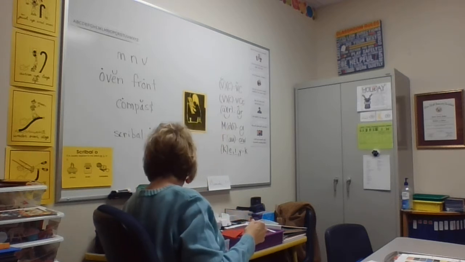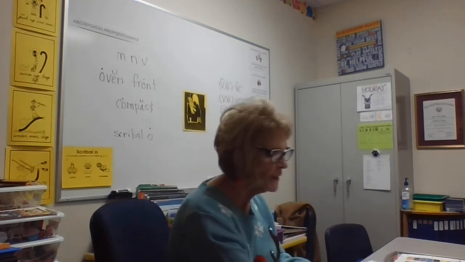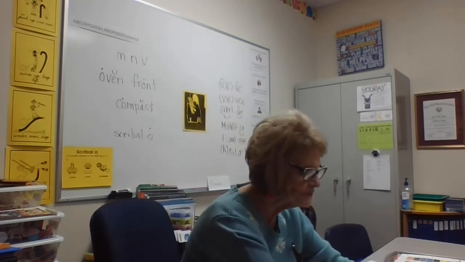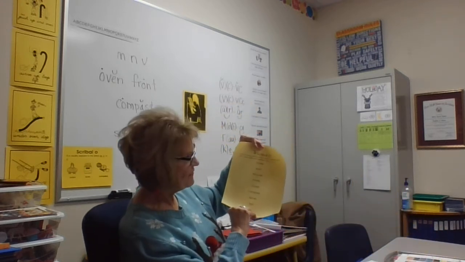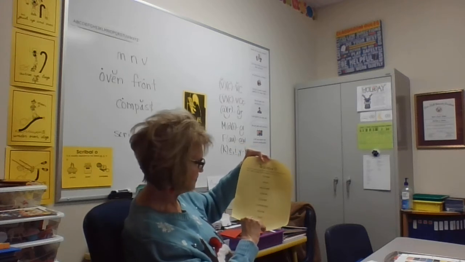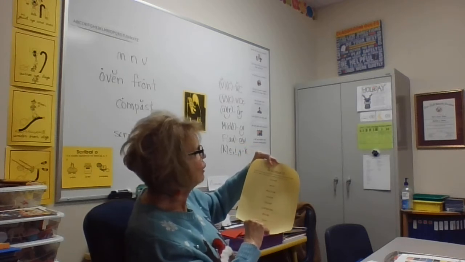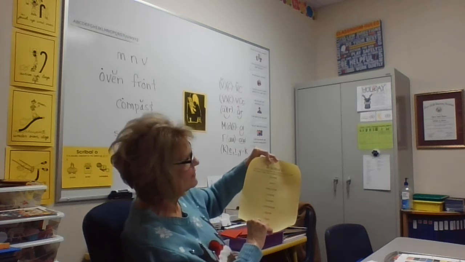Okay. So on this, I made a little scroll for you. So open it up and see what's on your scroll. Okay. It's a little scroll and it's got some of our Scribal O words on it. And this is your job. You're going to look for the words that have the Scribal O sound, which is all of these words.